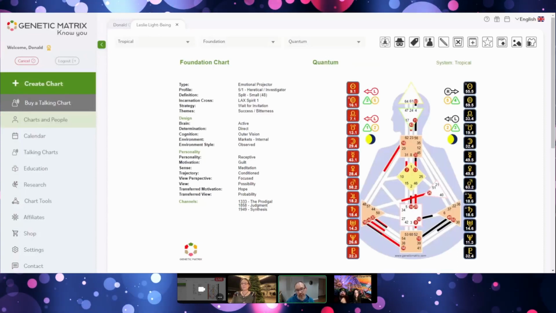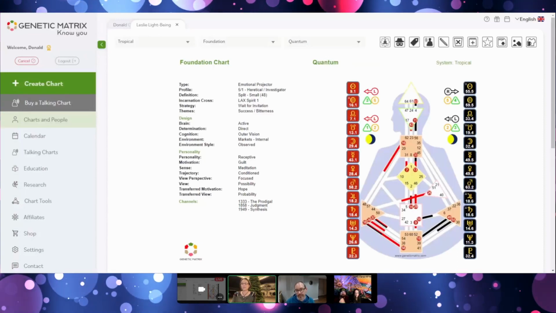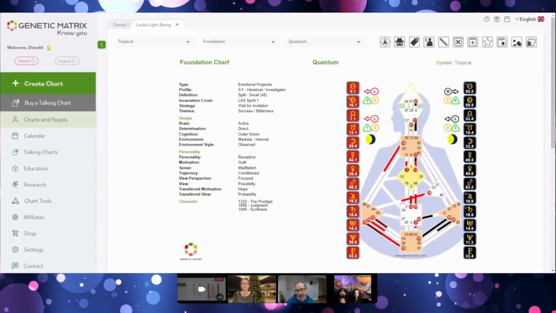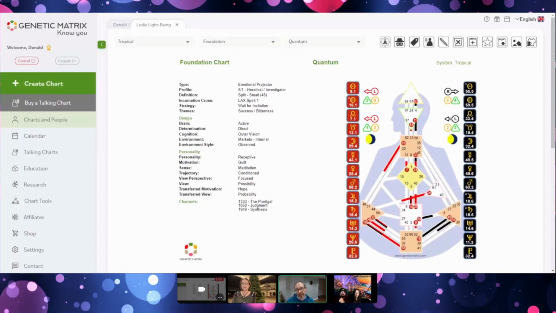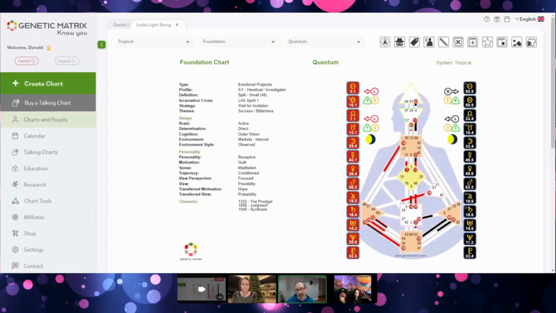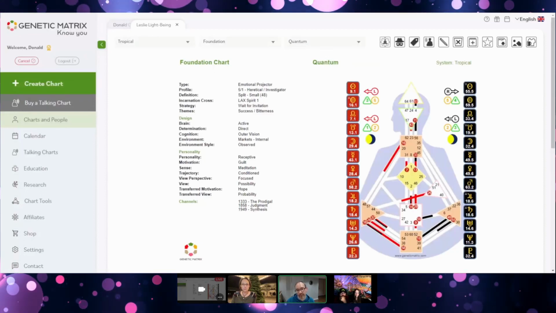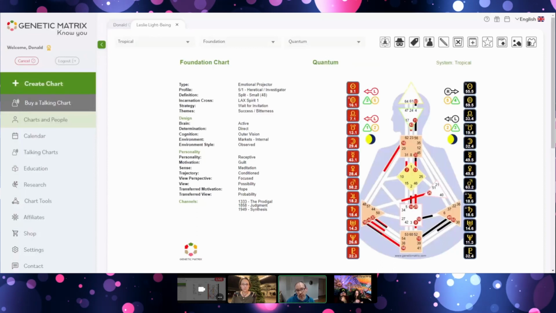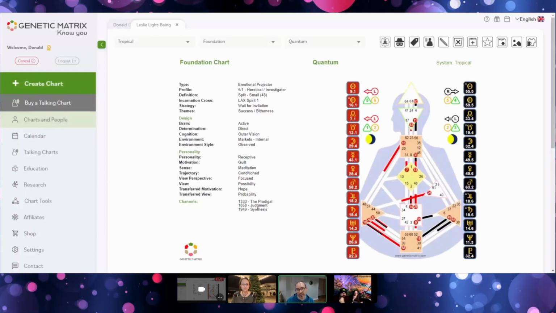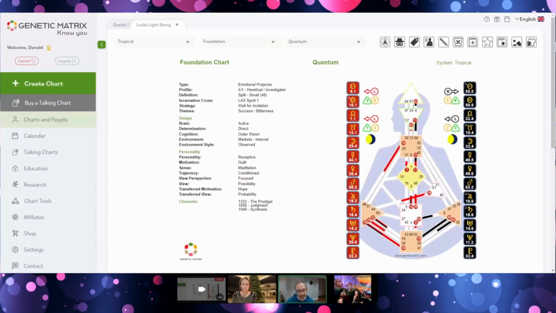So that's how you gain clarity over time. You may have noticed if you're making decisions from high or low, or if something provokes you, then it's usually not a good decision, and you could end up feeling the not-self theme of the projector, which is bitterness.